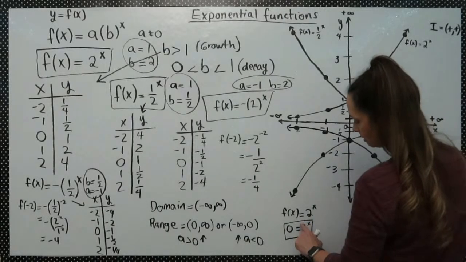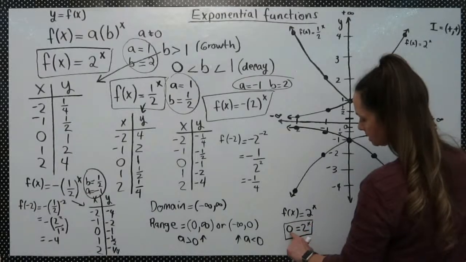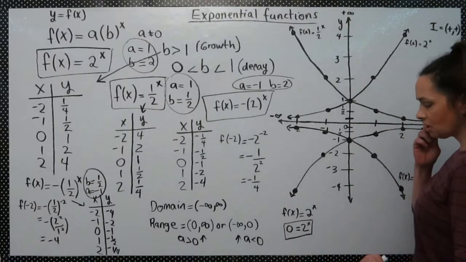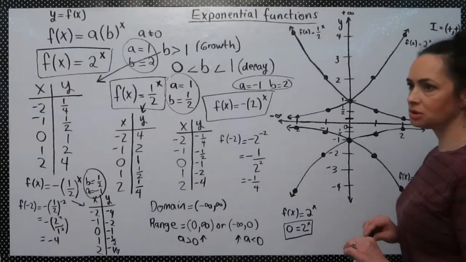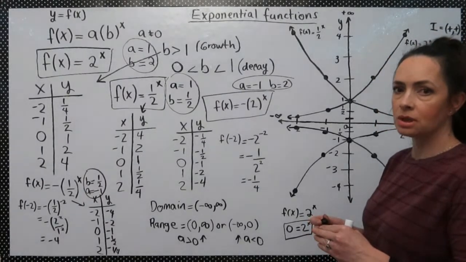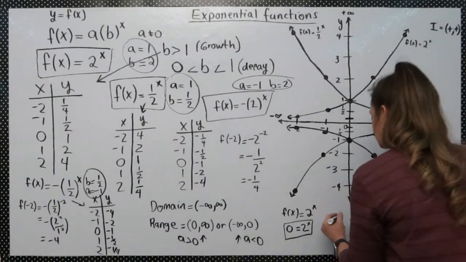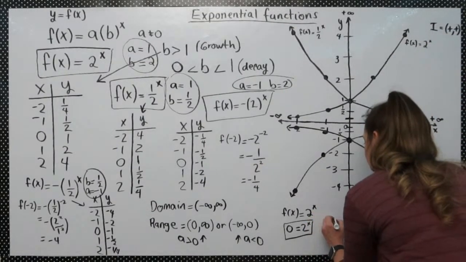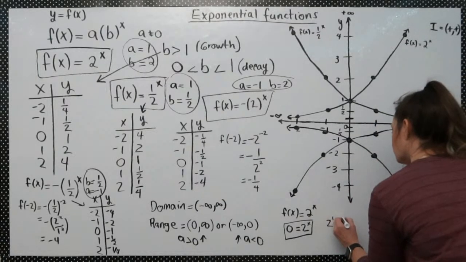It's the result of 2 being raised to the exponent x being 0. There's no exponent that you can raise 2 to in order to get 0. Because you have 2 to the first power, which is 2.